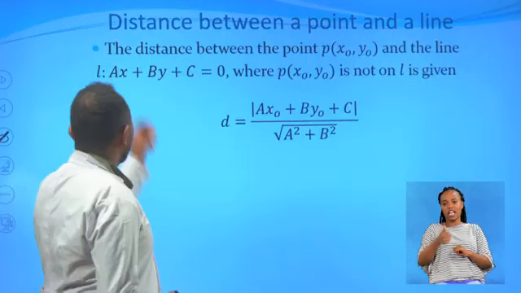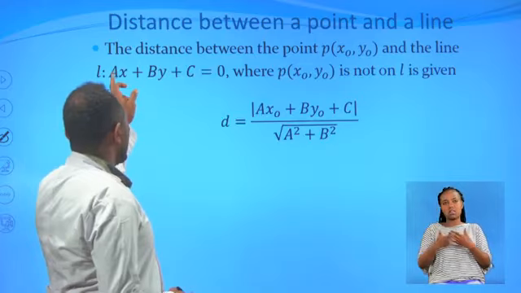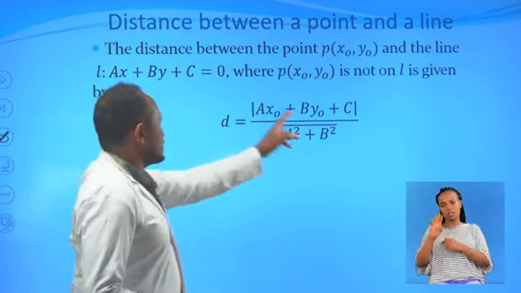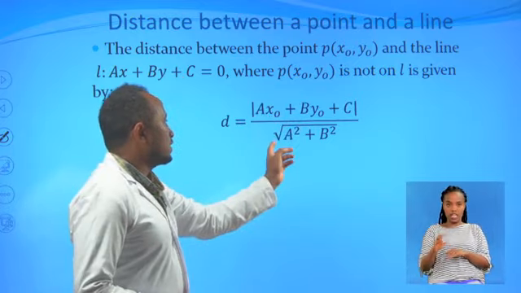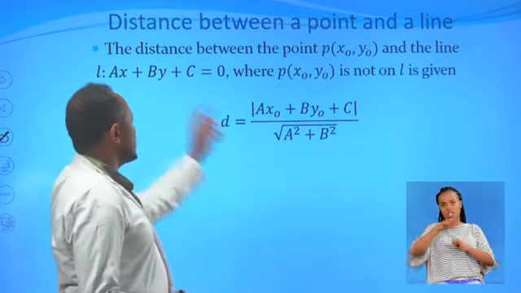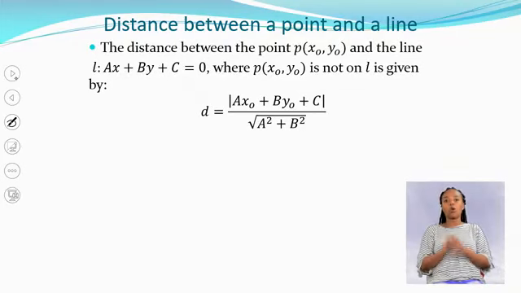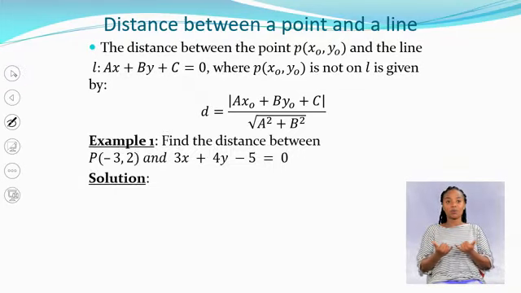So simply, you multiply the coefficients a by x0 and b by y0, and add the constant, in absolute value. After that, divide by the square root of the sum of the squares of these two coefficients. Now let's see an example.